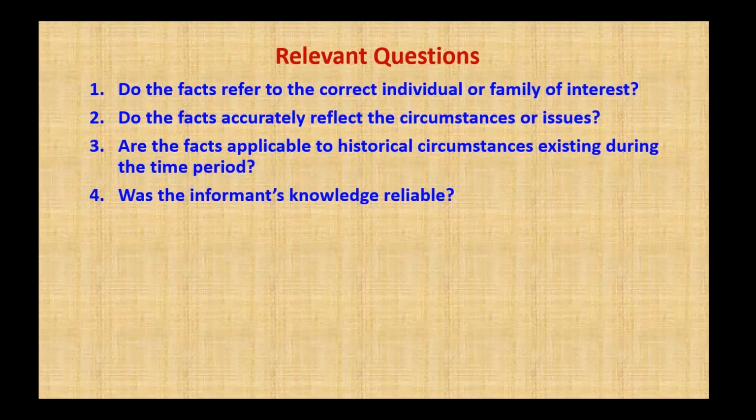Some of the criteria that would be used for evaluation: was the informant in a position to have reliable information? Would they benefit by giving false or misleading information? And as I said earlier, has the informant provided reliable information in the past?